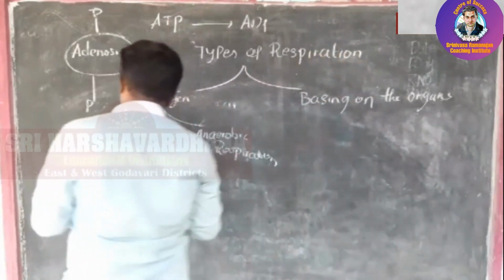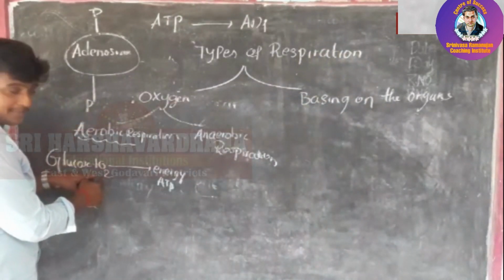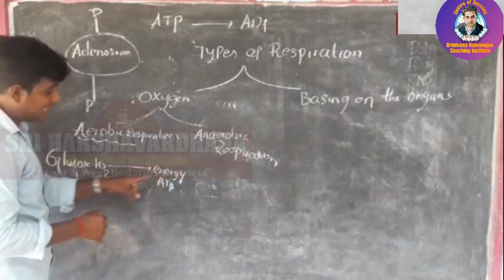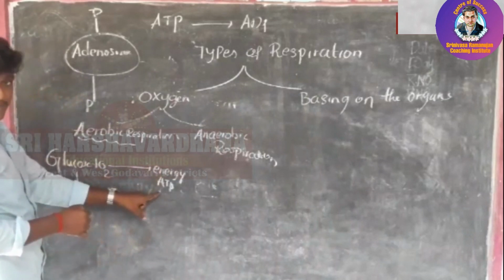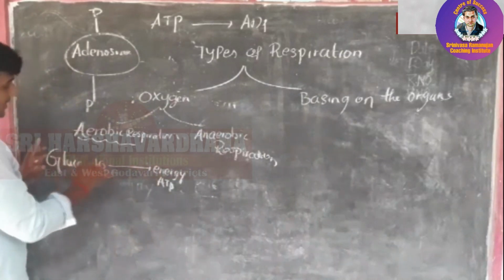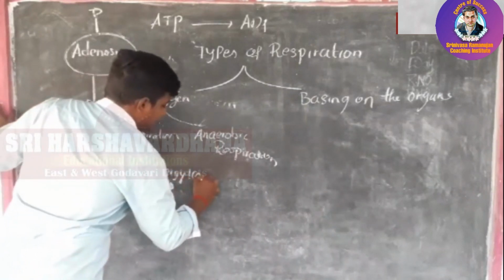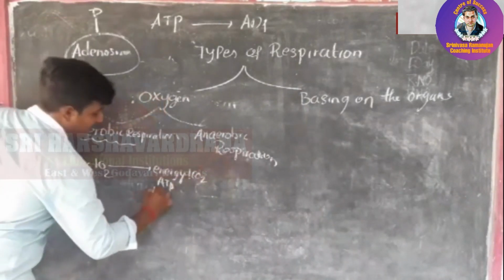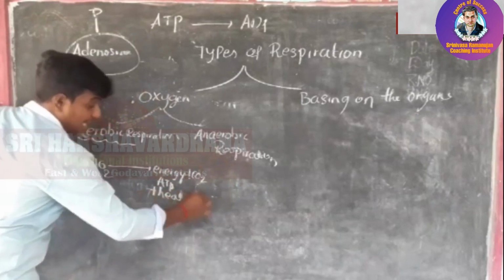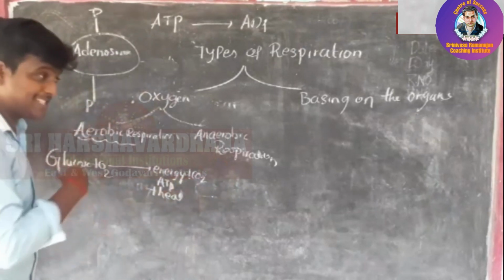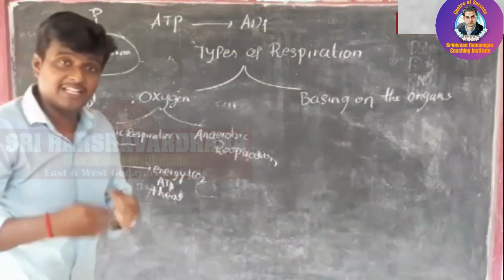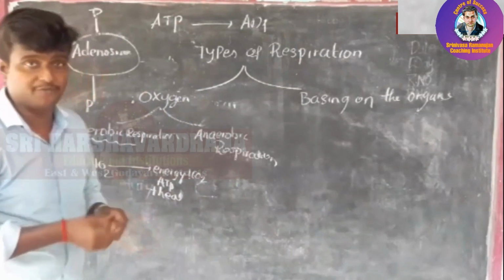So here also, the glucose reacts with the oxygen and liberates energy, and that energy is denoted in the form of ATP. In this process, it releases carbon dioxide and also heat. This equation is very important; based on it we do different lab activities, so be very careful about that.